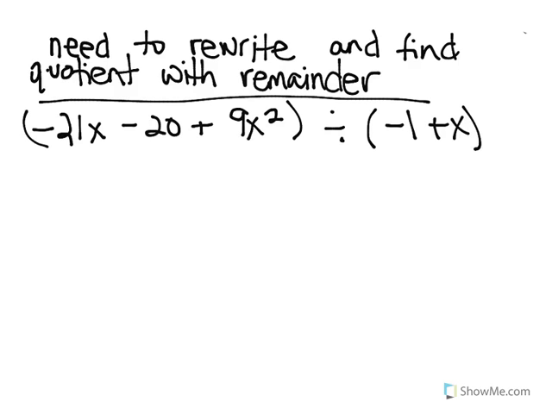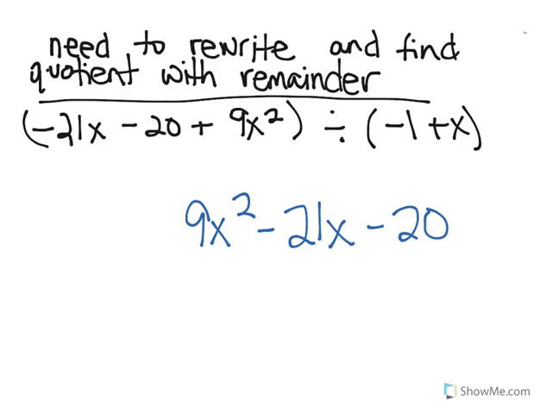And that looks like 9x squared minus 21x minus 20. And that is being divided by, I'm going to rewrite the divisor actually in standard form, x minus 1. Okay.